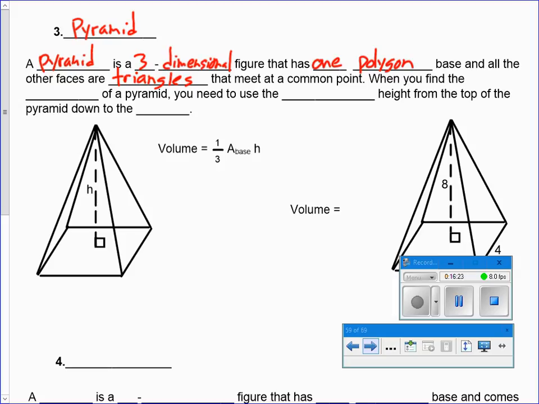So all those triangle faces are going to meet at a common point, and that common point is called the vertex of the pyramid.